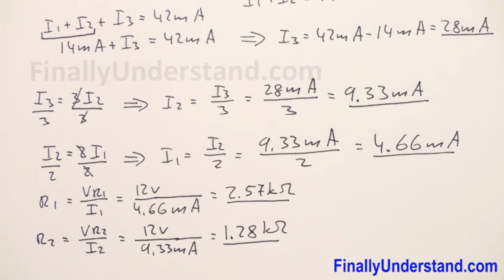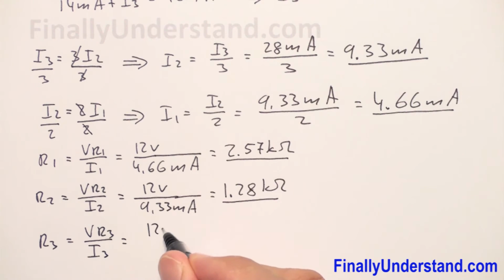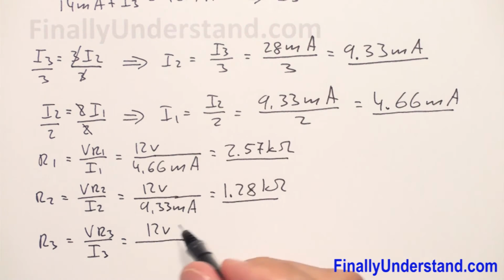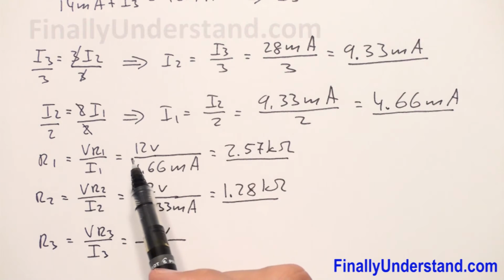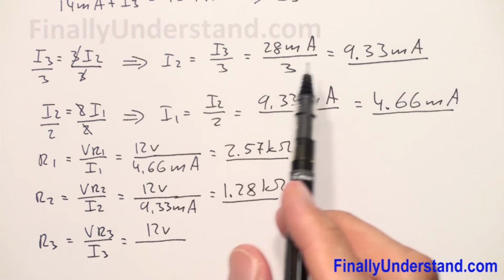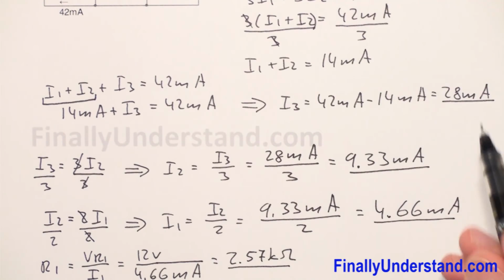Okay, and we're supposed to find R3. This is equal to VR3 over I3. This is equal to 12 volts divided by I3, and we found that I3 is equal to 28 milliamps.